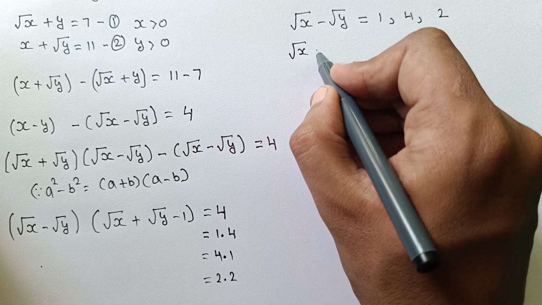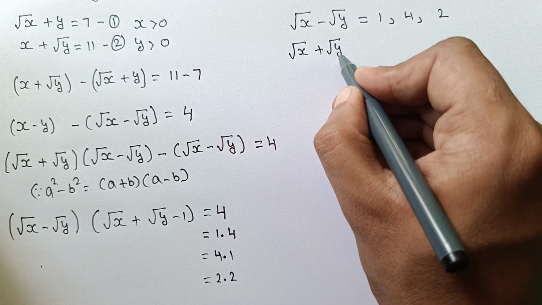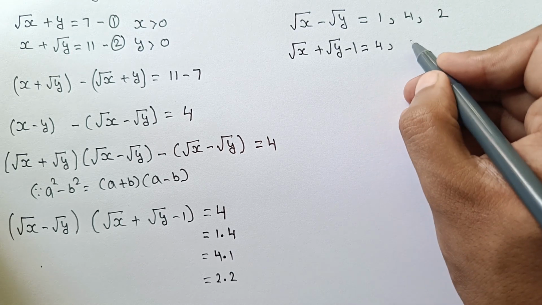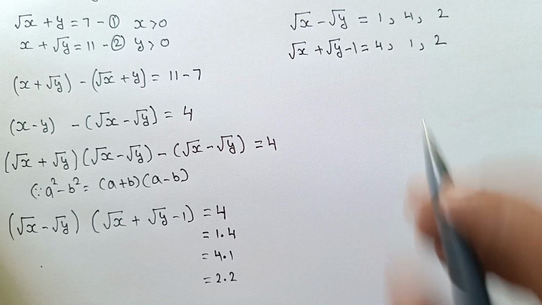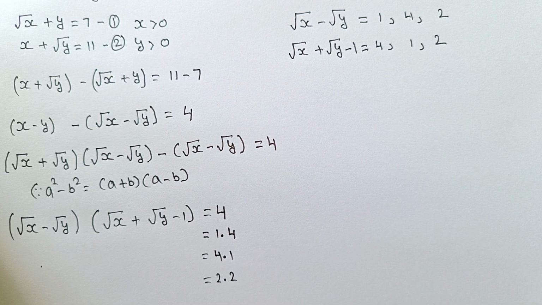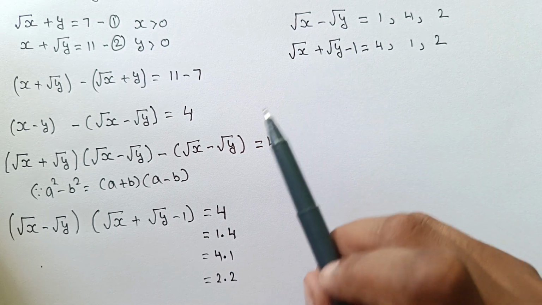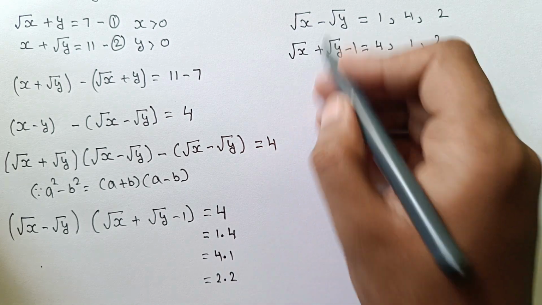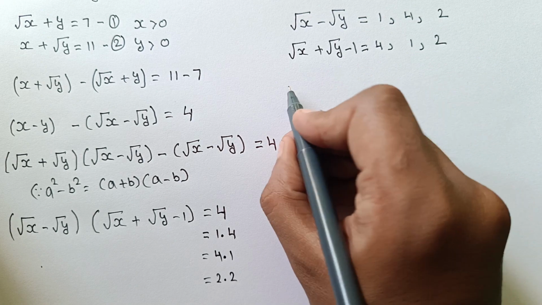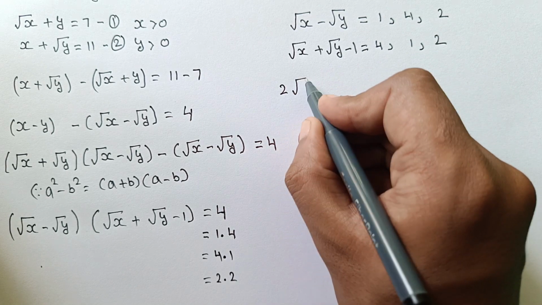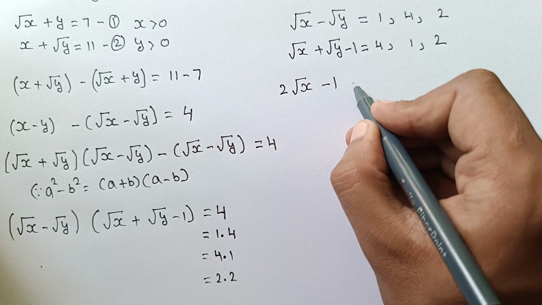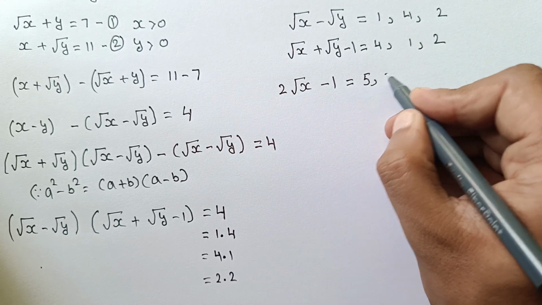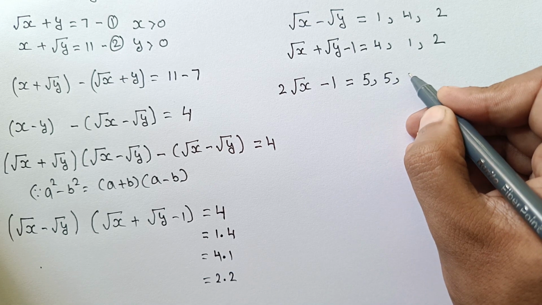So the corresponding possible values are 4, 1 and 2. Now to solve this we can add these equations. When we add, root y cancels out, and we get 2 root x minus 1 equal to 5, 5 and 4.